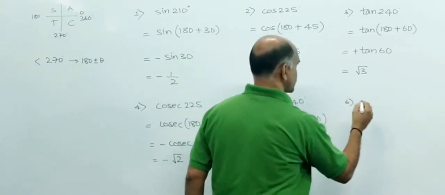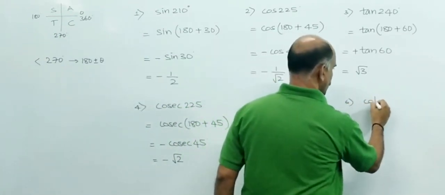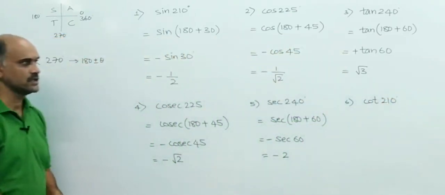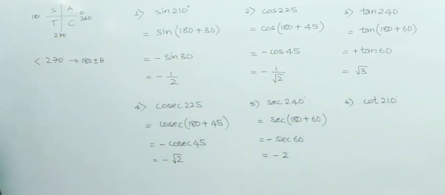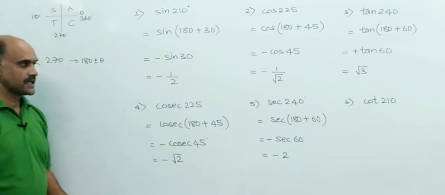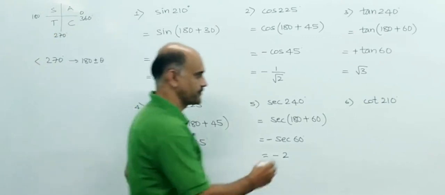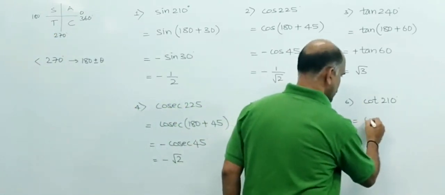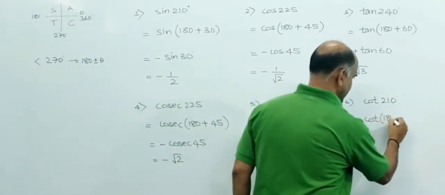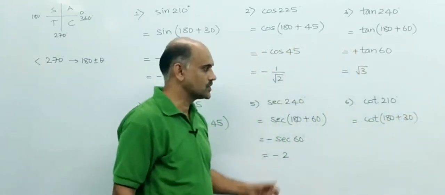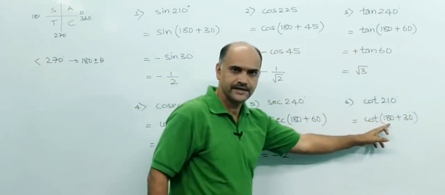Cot 210. So 210 again you can write as 180 plus 30. So this is equal to cot 180 plus 30. Again leave this 180.